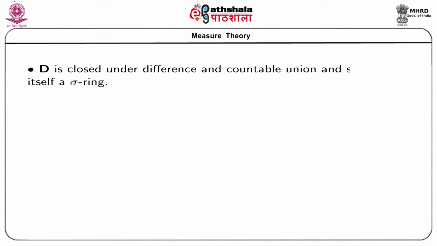We can show that the collection D is closed under both difference and countable union, and so it forms a sigma ring.